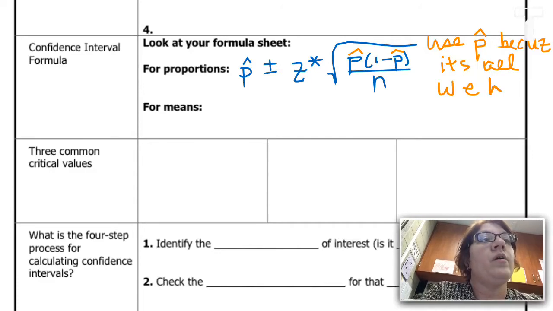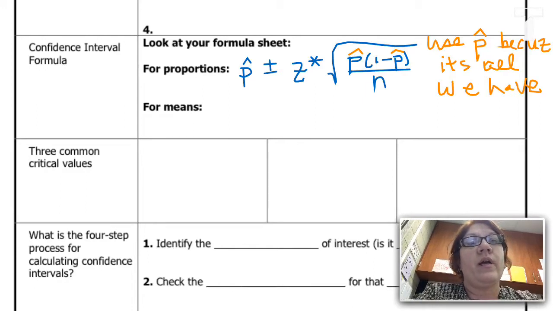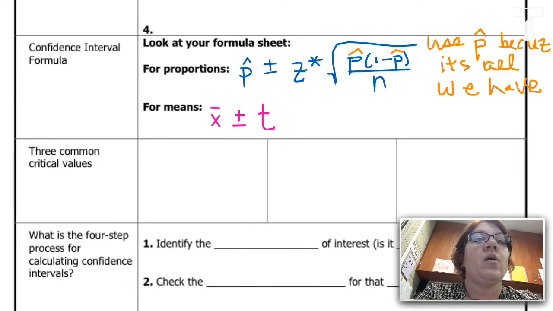And then for the means, we're going to do the same thing. We're going to use our estimate. This time it's our x bar plus or minus, and we're going to use T star. We'll talk more about why, but the little hint right now is that, again, we don't know our sigma.